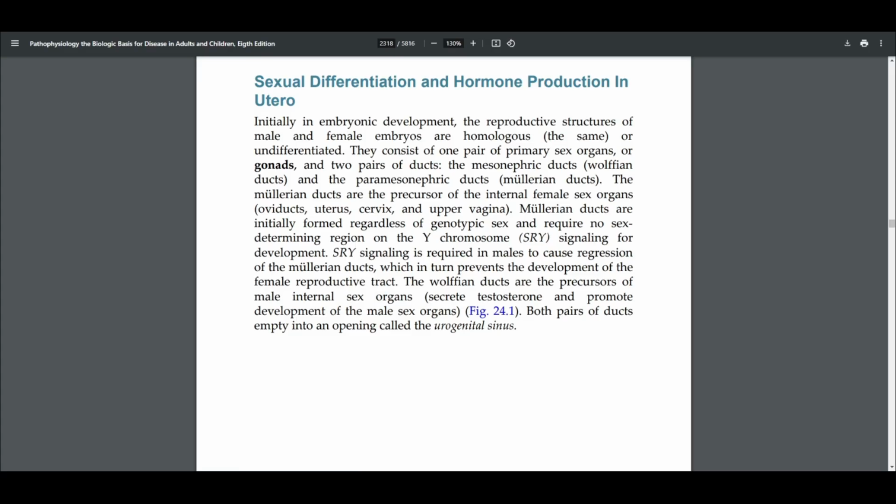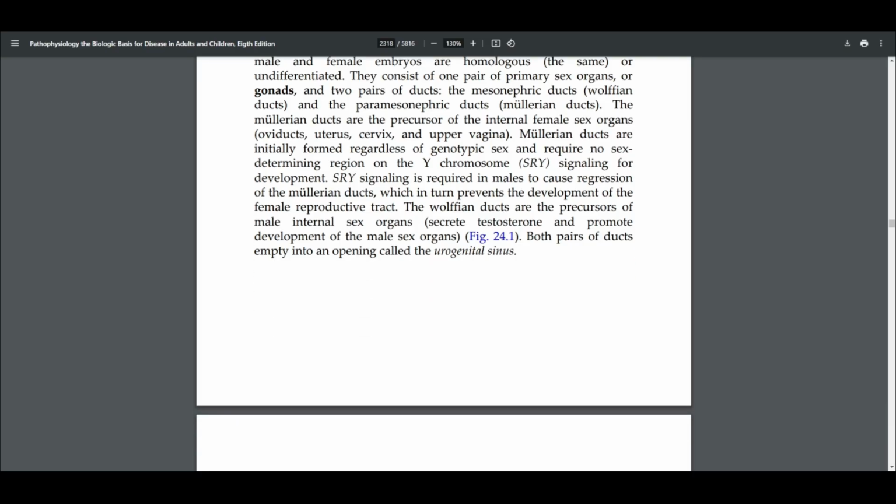chromosome. Signaling for development: the SRY signaling is required in males to cause regression of the Müllerian ducts, which in turn prevents the development of the female reproductive tract. The Wolffian ducts are the precursors of the male internal sex organs. Both pairs of ducts empty into an opening called the urogenital sinus.